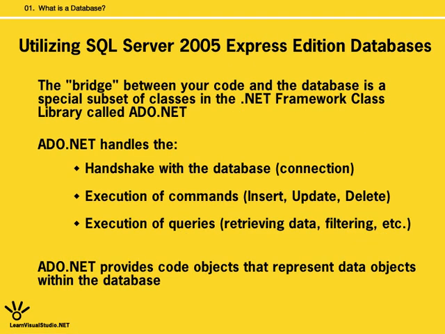Now, when you're building your applications using, for example, Visual Web Developer 2005 Express Edition, and you're doing what we talked about just a moment ago, where you're dragging and dropping tables, for example, from the database view onto your designer surface, there's actually some things going on behind the scenes in order to enable the functionality, that handshake between your application and the database.